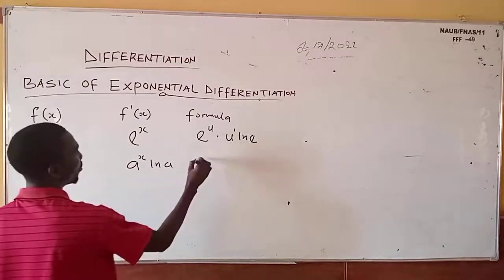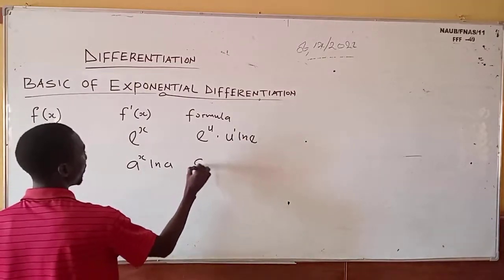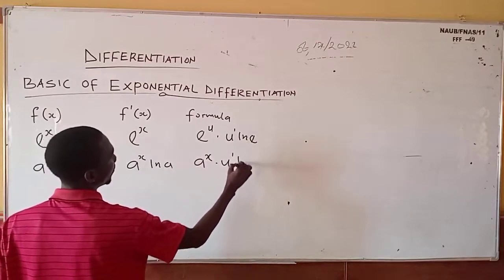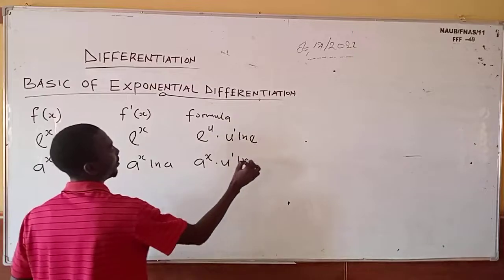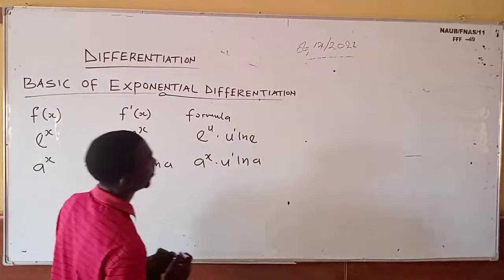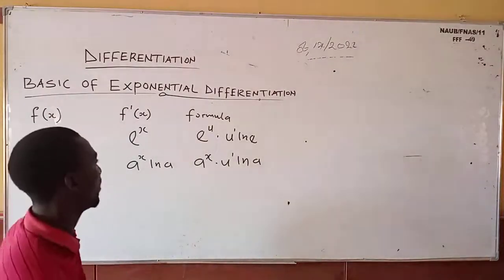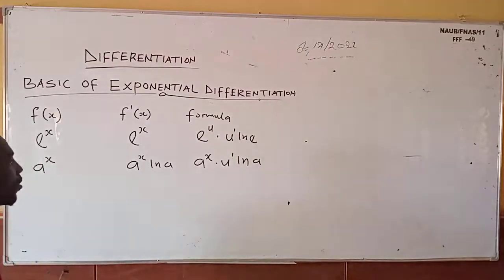So this one is going to be a to the power of u multiplied by u prime in a. That is how we go about this, and this is the formula that we are going to use.